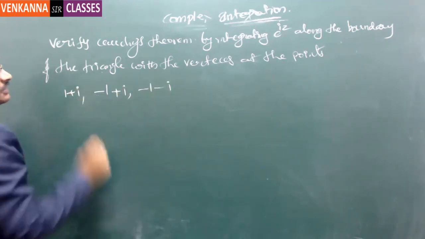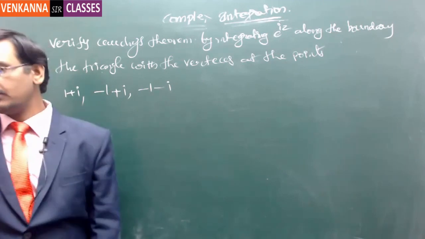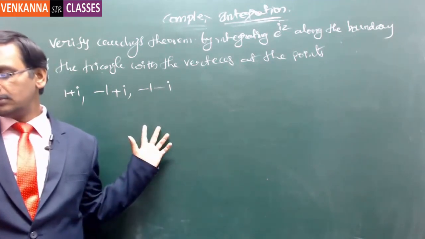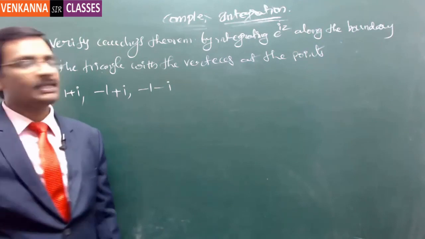So these are the three vertices, and this will form a triangle. Now for this triangle, you need to verify the validity of Cauchy's theorem.